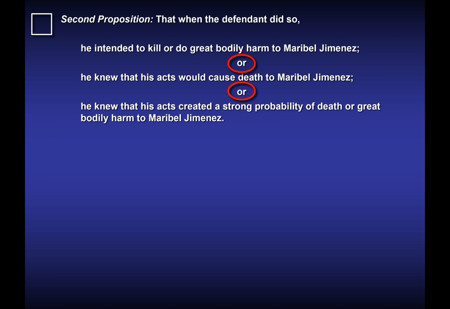But when they visualize that on the screen, and I circle those words or between each of those three sub-propositions, and then I say the same thing, it makes sense because they can see what it is I'm talking about. And that's a very effective and persuasive way to use your PowerPoint and your jury instructions and your element charts to make your points in front of the jury.